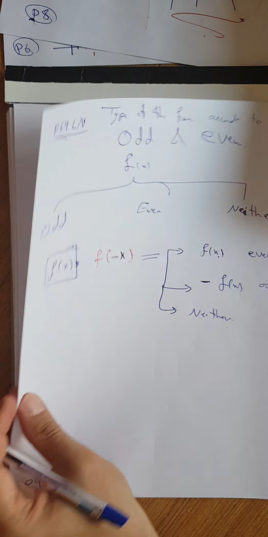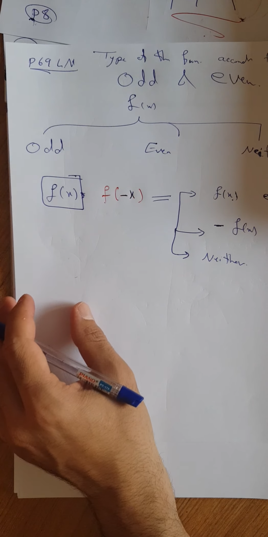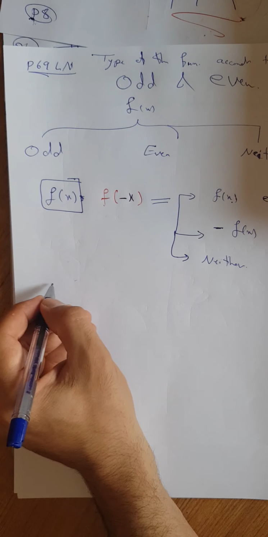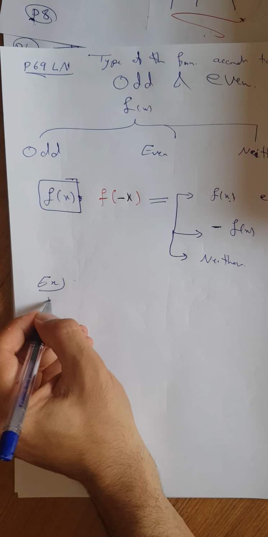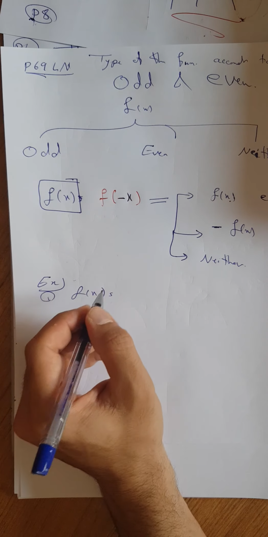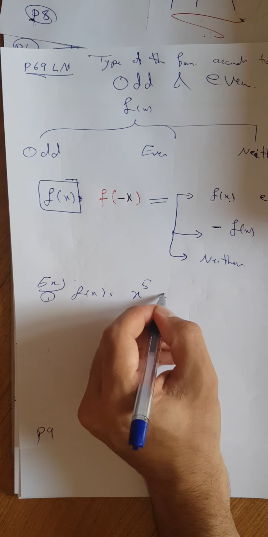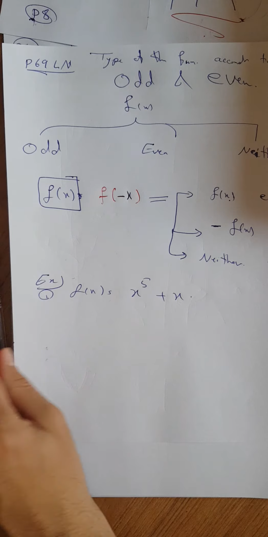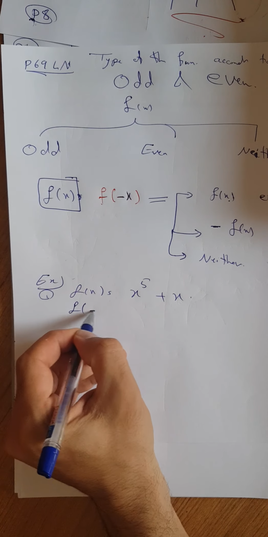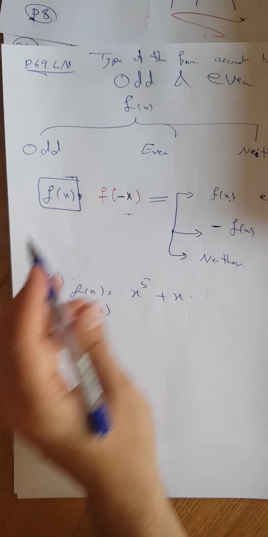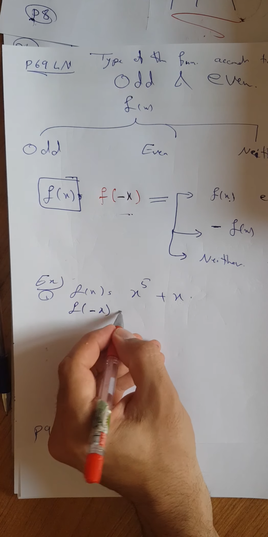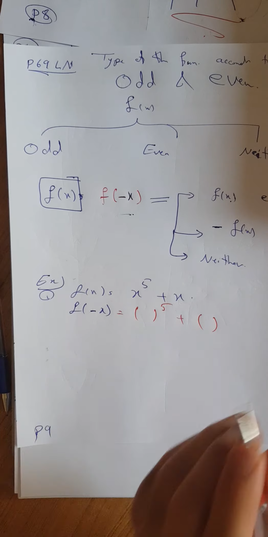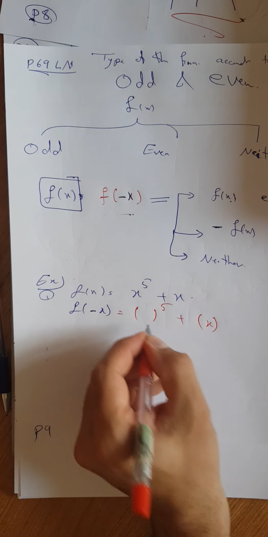So it's better to see it by the example. If I have f of x equal to x to the power 5 plus x, now I am going to find f of minus x, as I told you. So f of minus x means minus x to the power 5 plus minus x.